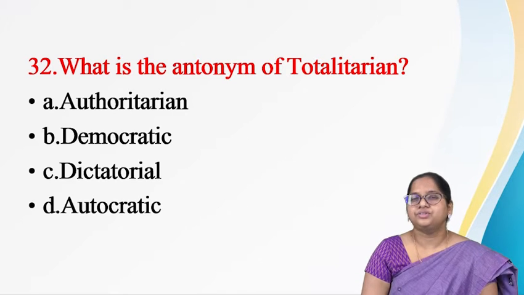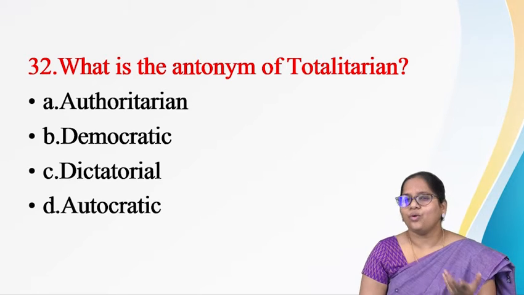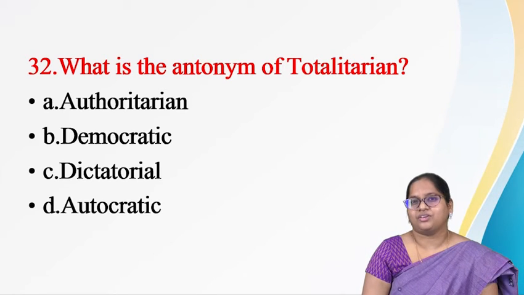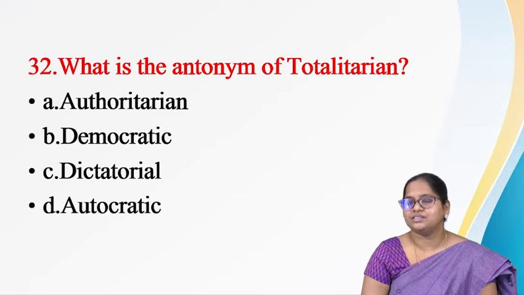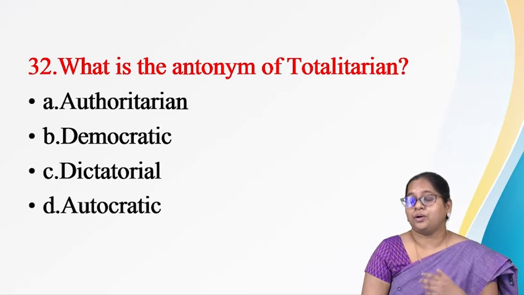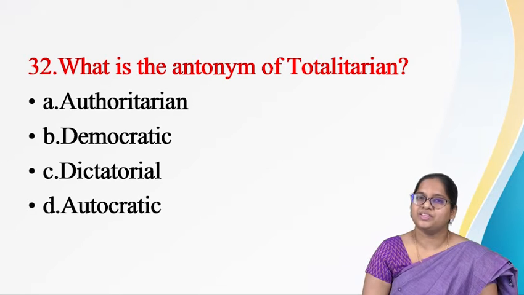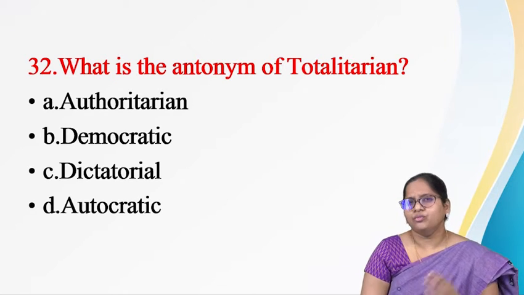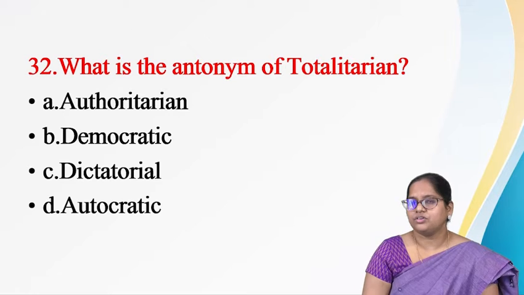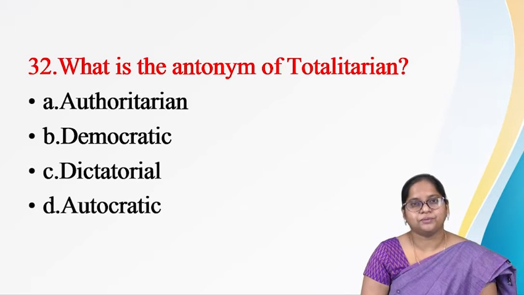That is one thing. Two, democratic. Who is this democratic? What do you mean by democracy? First of all, democratic is a person. Democratic power means a person who exercises this democracy. And what is democracy? Democracy is nothing but of the people, by the people, for the people.